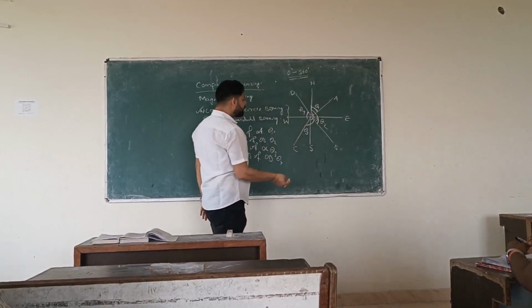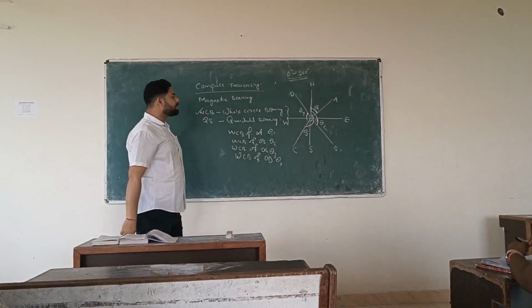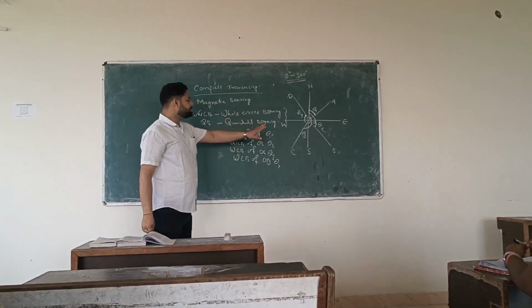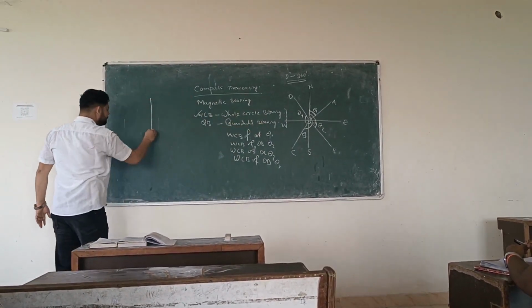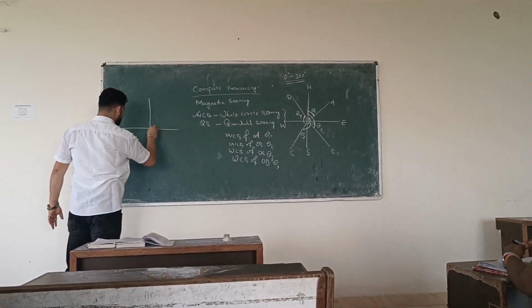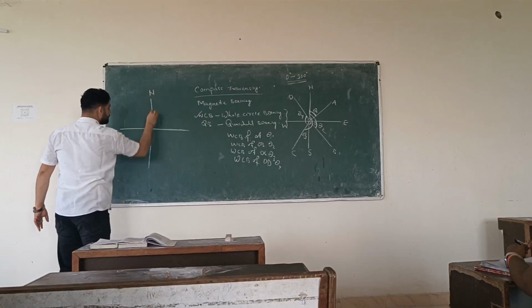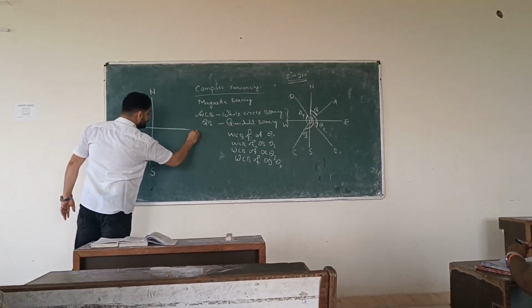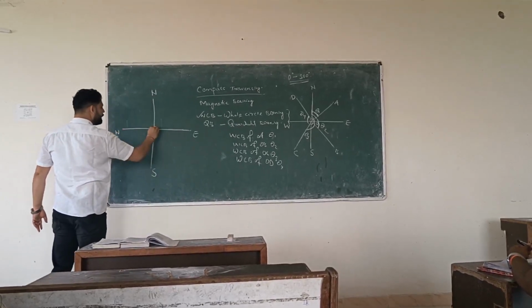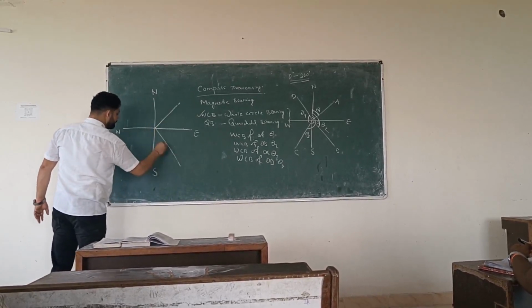Clear? When we go for the quadrantal bearing system, again let's suppose north, south, east, west, again four lines.